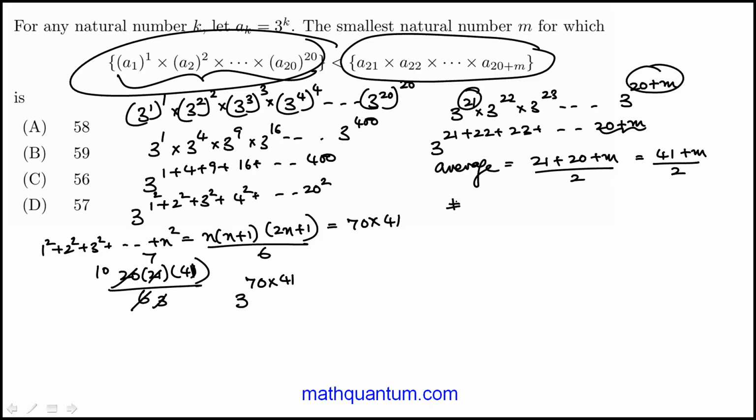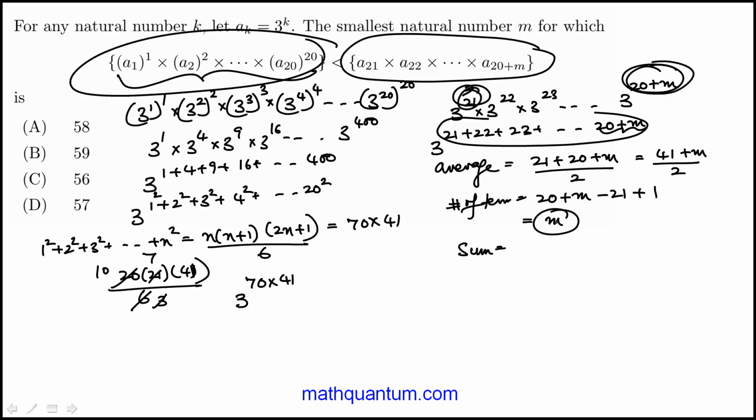How many terms do I have? Which would be last minus first plus 1. Again, these are all standard expressions from the arithmetic sequence property. So there are m terms. So the sum of this exponent here would be number of terms times the average.